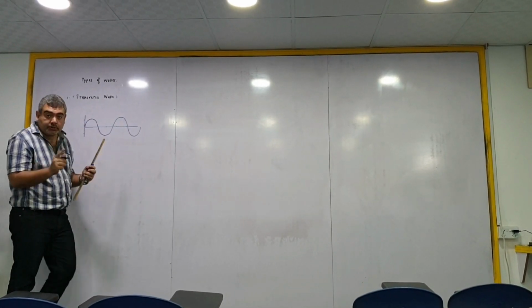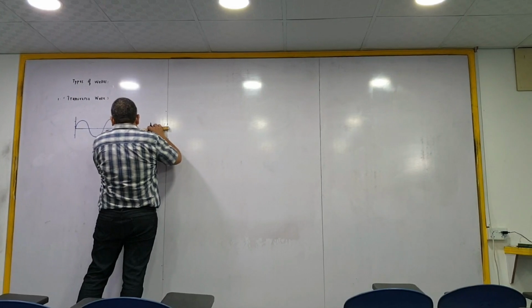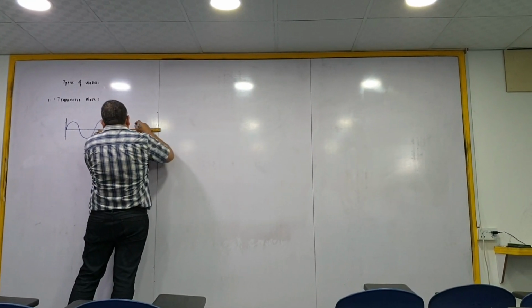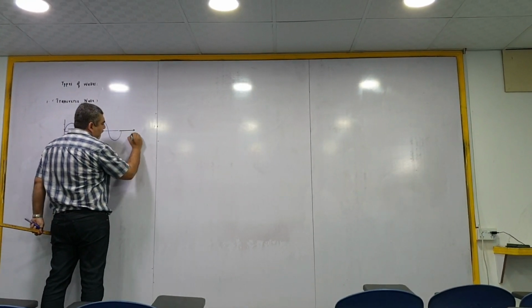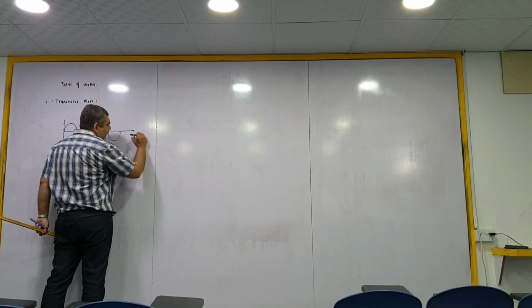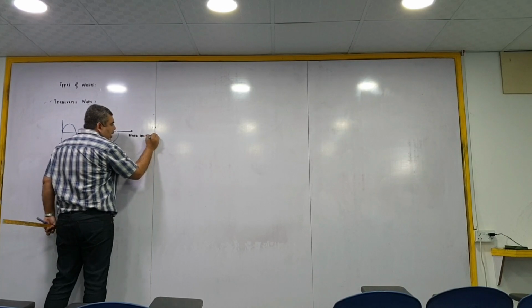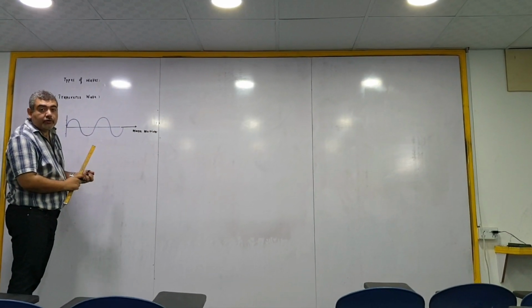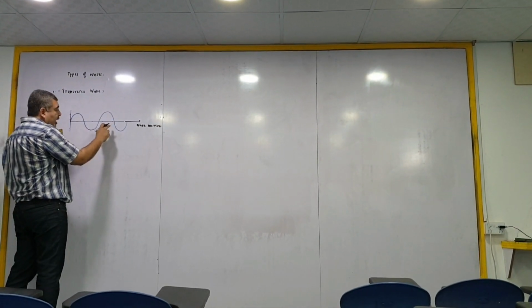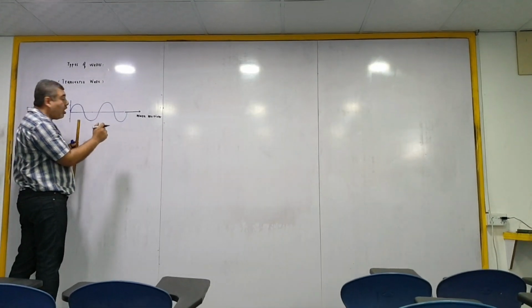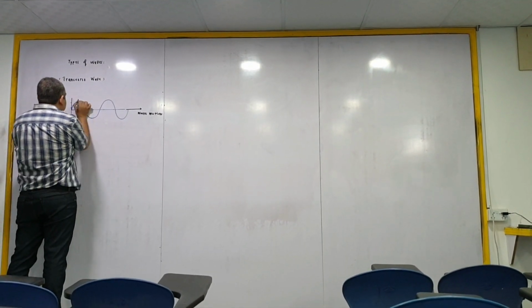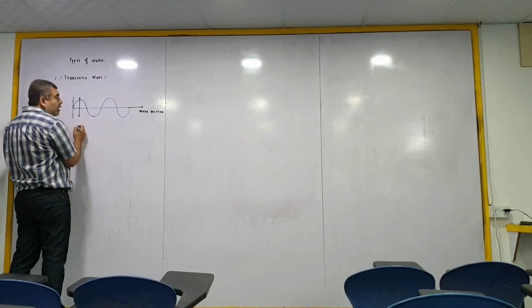Whenever a wave is produced, always remember, the wave motion is always forward. And what about the motion of those particles? Those particles are traveling straight, but when that disturbance is caused, these particles start moving up and down.